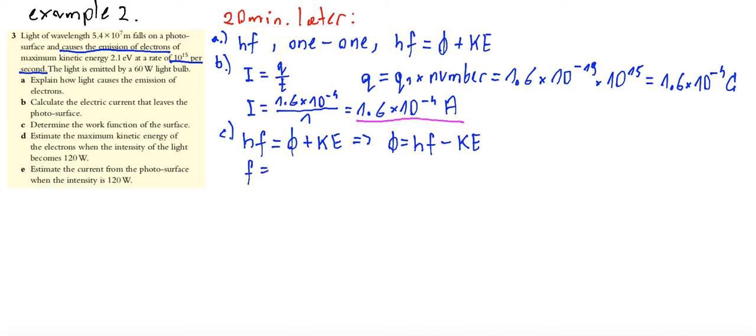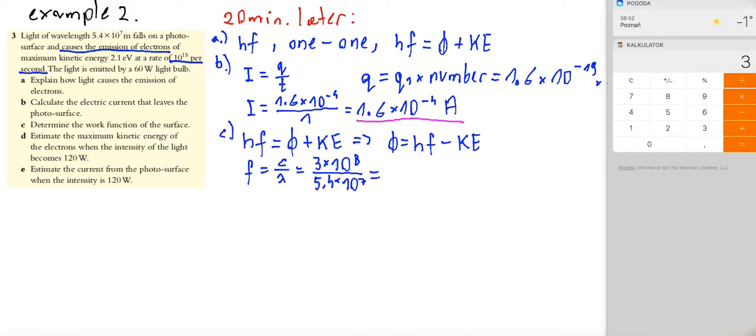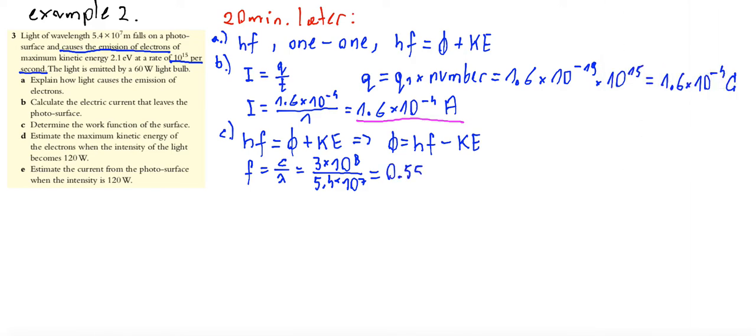Frequency of light. Frequency is not given directly, but we have a wavelength. So the wavelength of light is 5.4, and we know that light moves with speed c. So this is speed of light divided by wavelength, which is 3 times 10 to the power of 8 divided by 5.4 times 10 to the power of 7, which gives 3 over 5.4, which is 0.556 times 10 to the power of 8 minus 7.